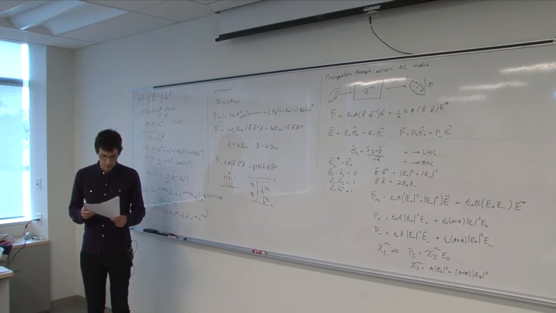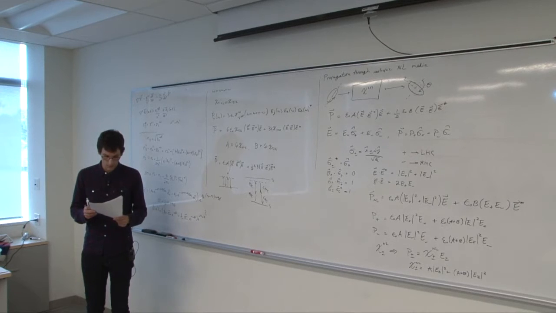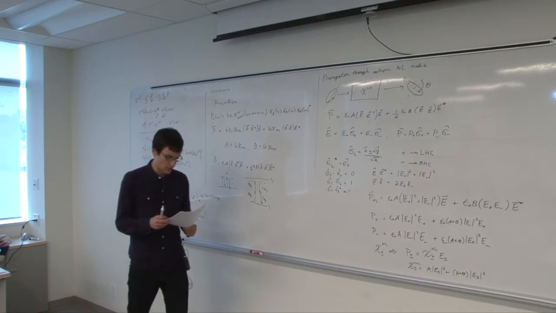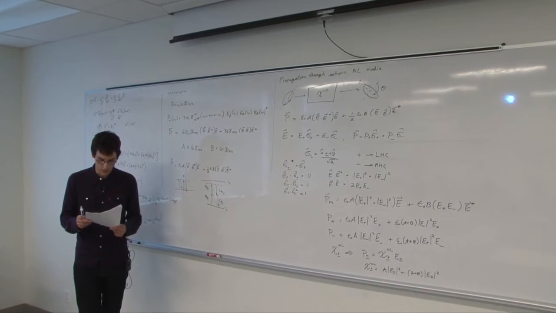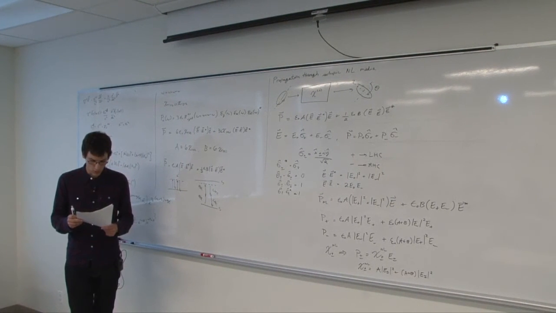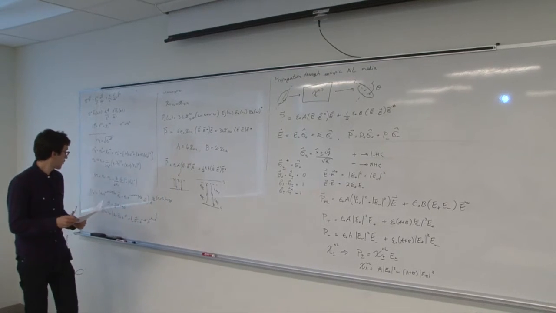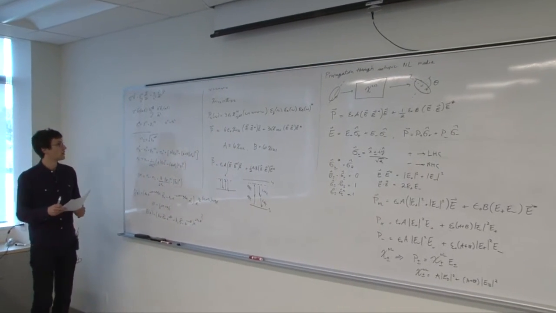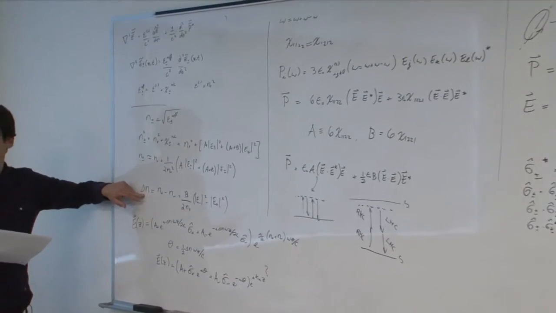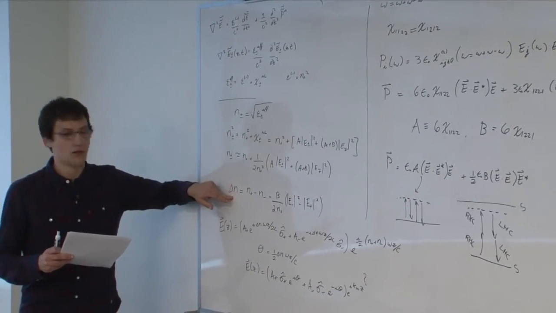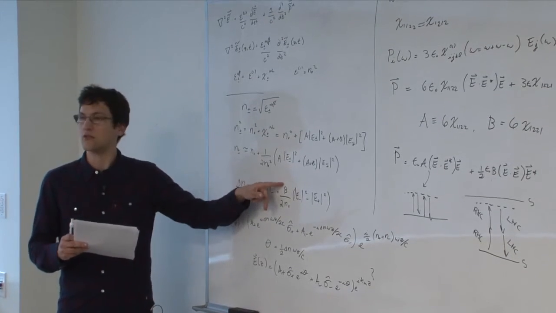So what else can I say about this? There are some other considerations. So I've already been talking about the eigenpolarizations. Something interesting that is worth mentioning is that the difference in the refractive index depends only on the B, right?